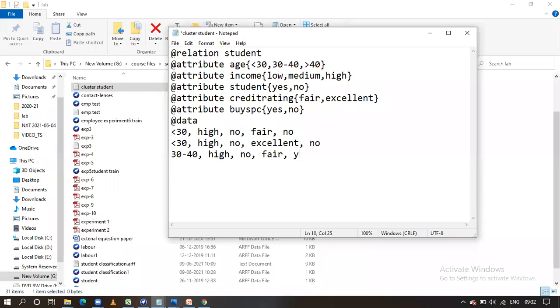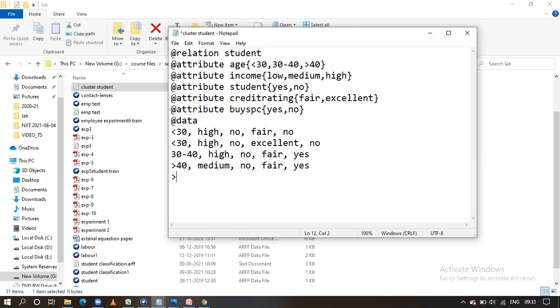Next, greater than 40 for this one. Medium is the income. Next, not a student, and credit card rating is fair. The next one is yes.